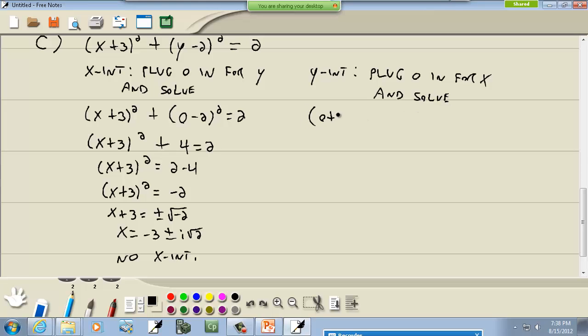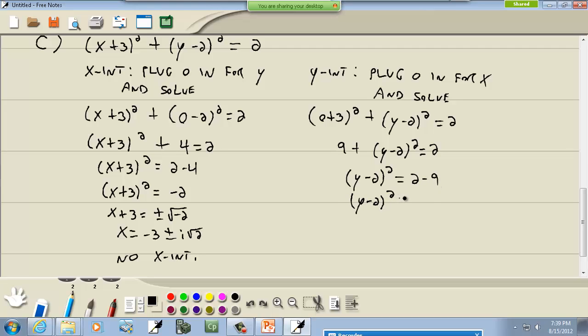So we're going to have 0 plus 3 squared plus y minus 2 squared equals 2. Well, 0 plus 3 is 3. 3 squared is 9. So plus y minus 2 squared is equal to 2. Bring the 9 over, because we have to get the part that's squared by itself to use the square root property. 2 minus 9 gives us negative 7.